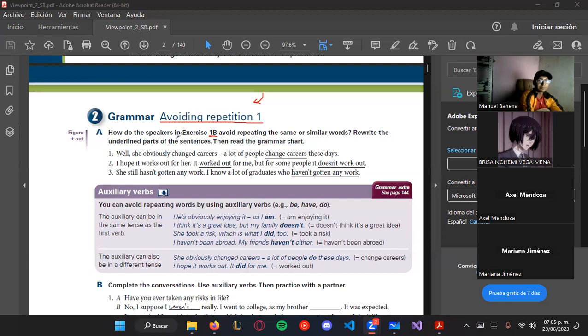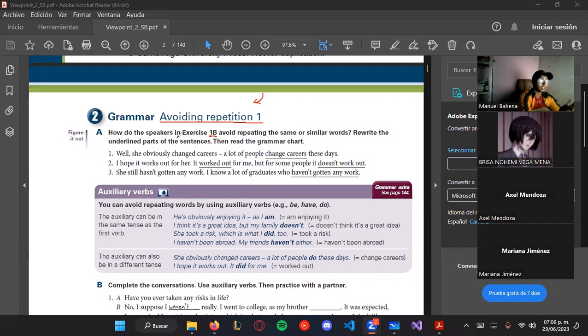Okay. How do the speakers avoid, es como evitar, ¿no? Avoid, yes. ¿Cómo es que los hablantes o expositores en el ejercicio 1B evitan repetir la misma o palabras similares?